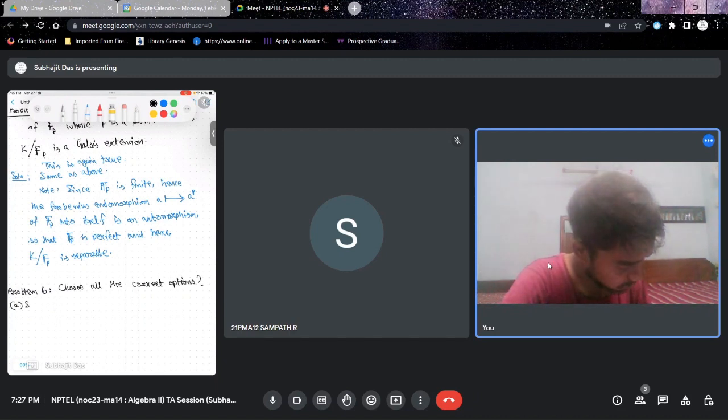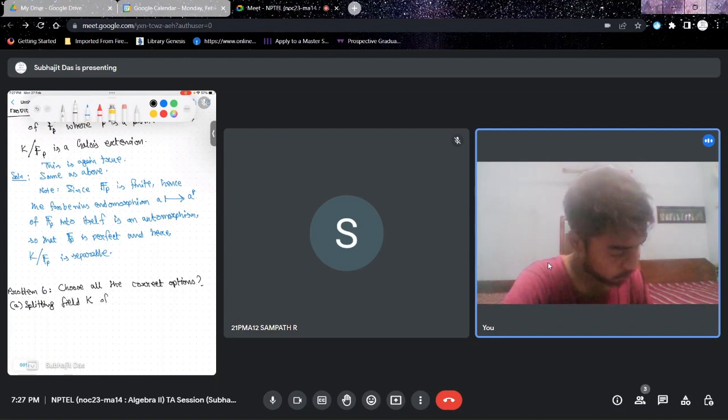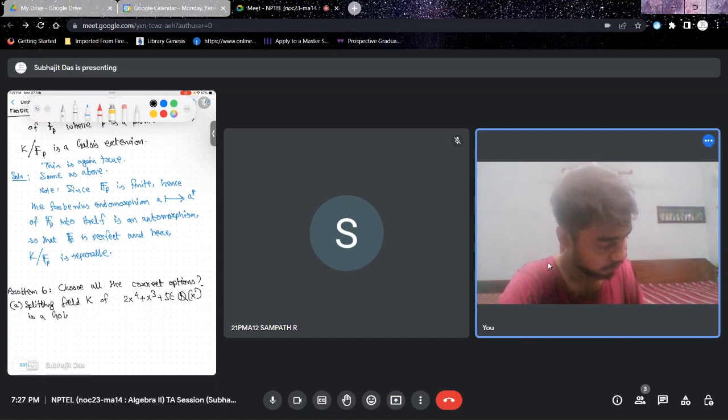Option A says the splitting field K of the polynomial 2x^4 + x^3 + 5 in Q[x] is a Galois extension. Option B says F5(t) over F5(t^2) is a Galois extension.